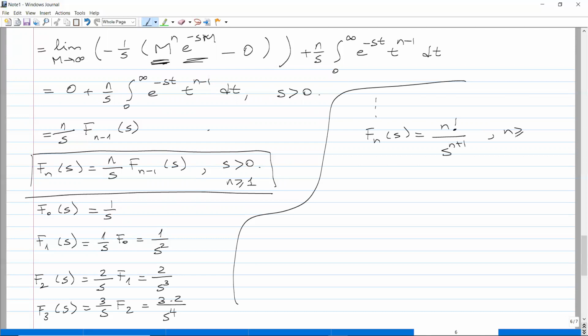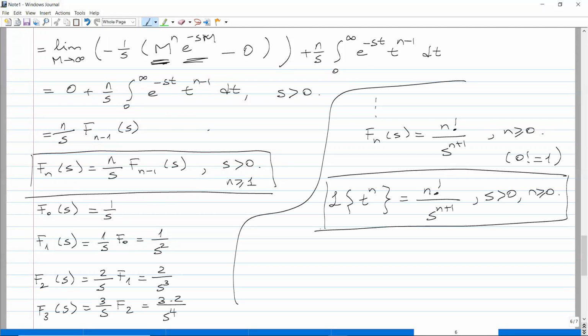And this we can now take for every n, because 0 factorial is 1. So the Laplace transform of t to the n is n factorial over s to the n plus 1 for s greater than 0 and n greater than or equal to 0.